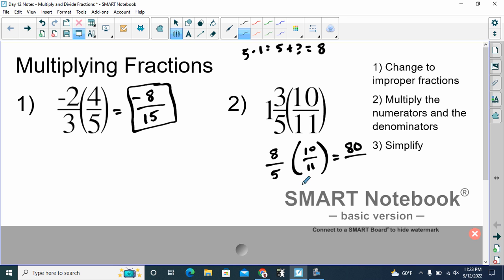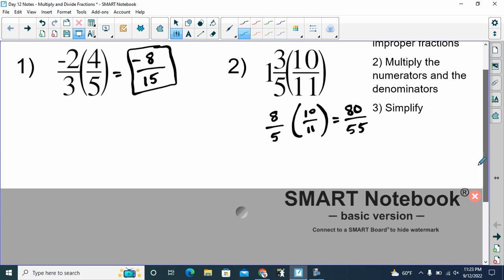And we multiply the denominators together. 5 times 11 is 55. 80 and 55, we're trying to find a common factor between those two things. I can divide them both by 5. 80 divided by 5 is 16. 55 divided by 5 is 11.